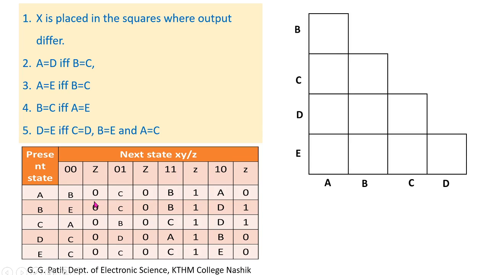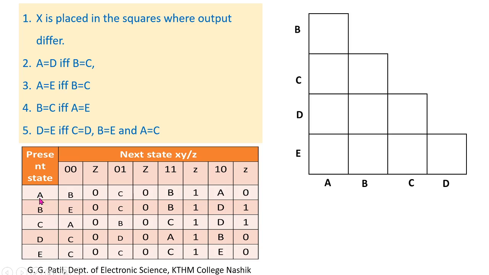As per the definition of equivalent states, two states are said to be equivalent if their outputs are the same and next states are equivalent. So the very first thing, we have to observe the outputs of the states, and if in one of the columns the outputs are different, those states cannot be equivalent. That should be very clear.